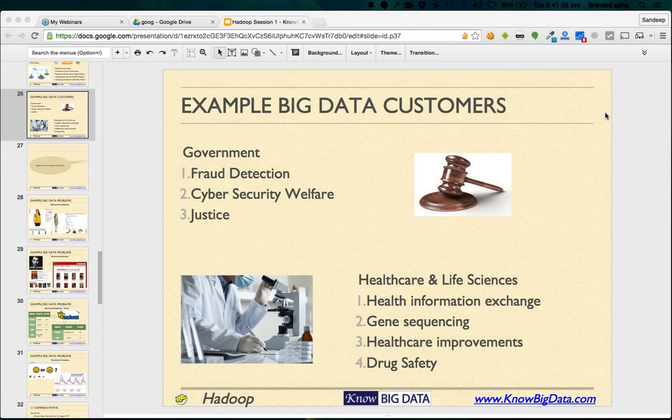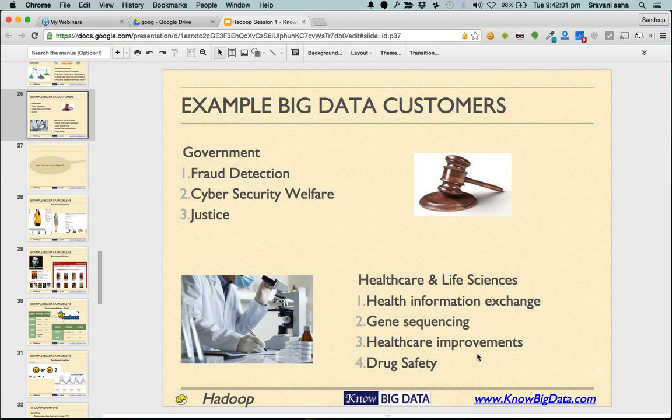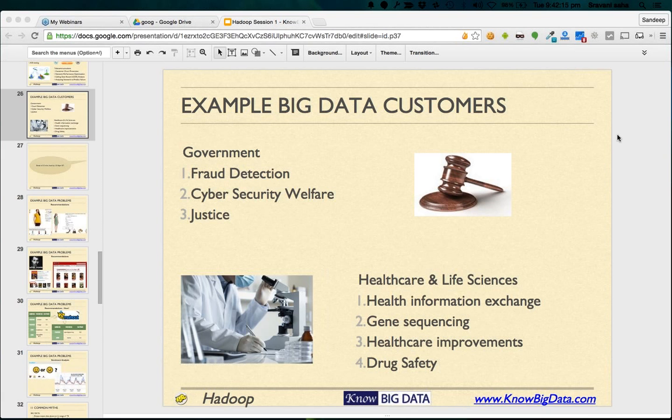Healthcare and life sciences are using it for information exchange, gene sequencing, and various kinds of healthcare, along with drug safety testing. Any questions at this point of time?